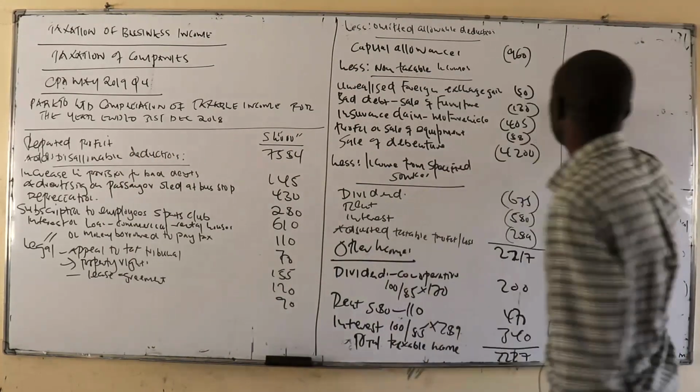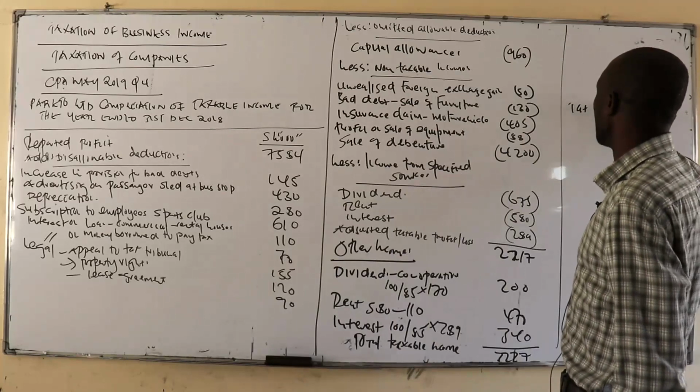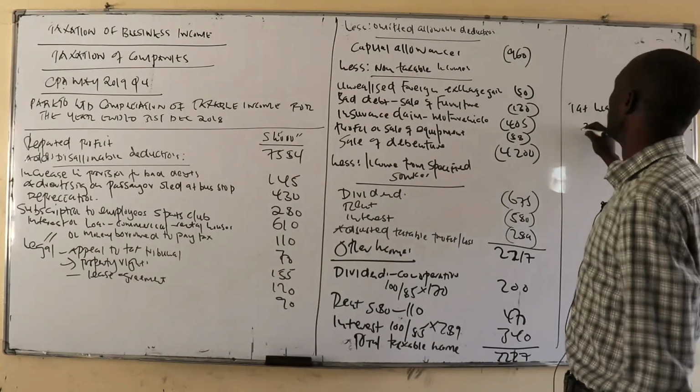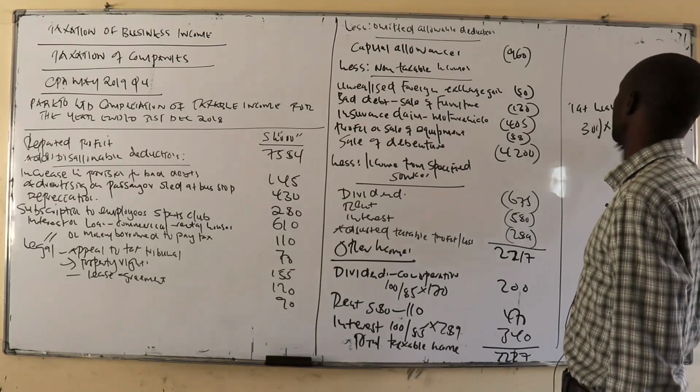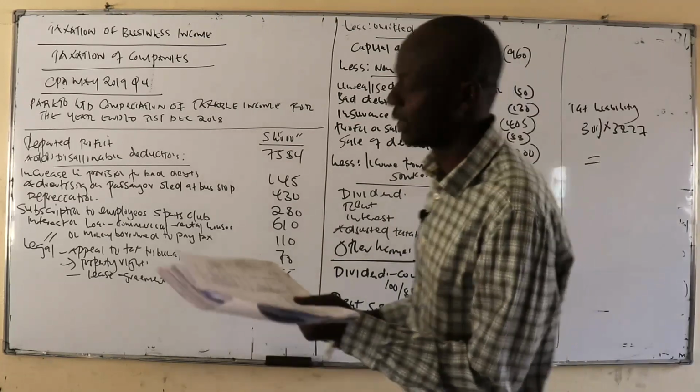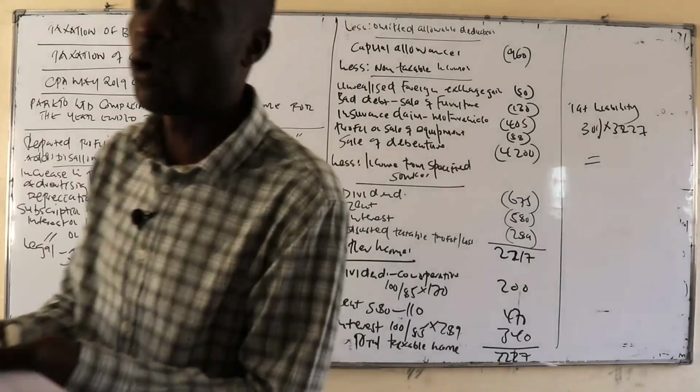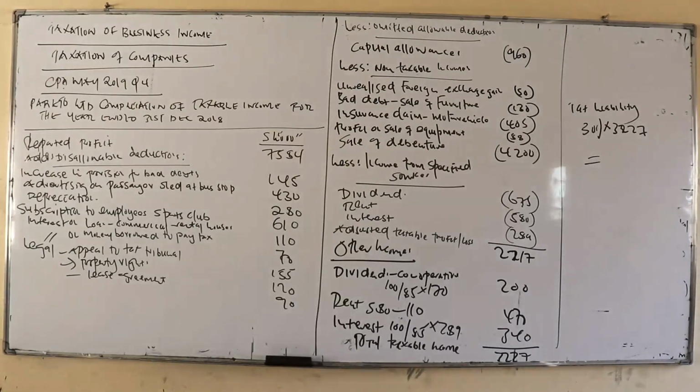So in case you had been asked about tax liability, it will be 30% of 32.27. That one will be the tax liability. So that is how we do questions on companies, tumeelewana. So hiyo tumemaliza, hiyo ni 10 marks.